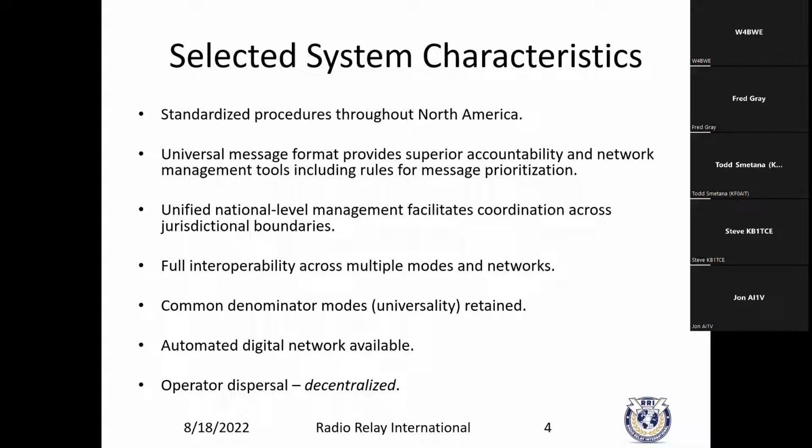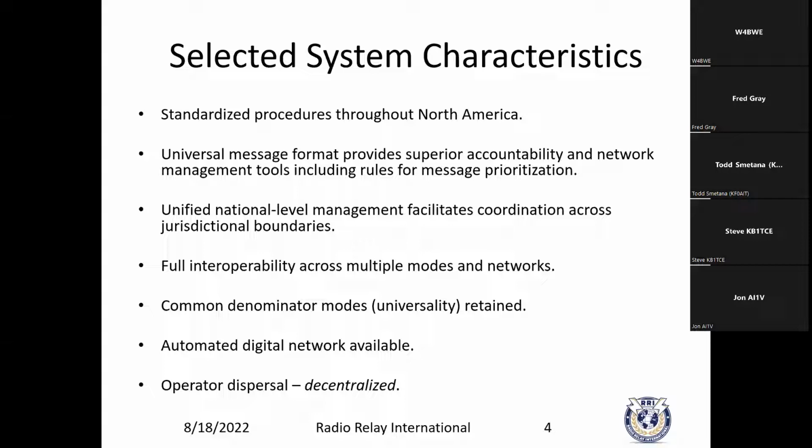So, our philosophy at RRI began to emerge during this exercise. Obviously, we want to have standardized procedures. We want to have a universal message format that provides superior accountability and network management tools for things like message prioritization, accountability, message servicing, message tracking, things of this nature.